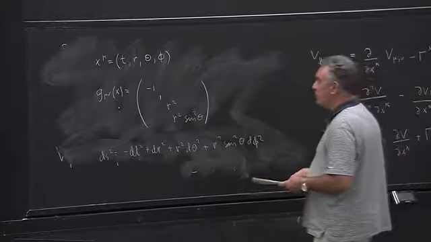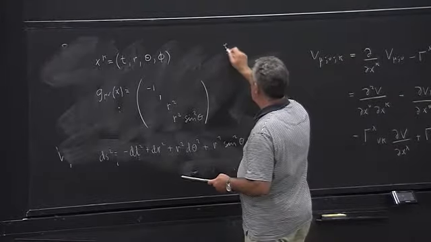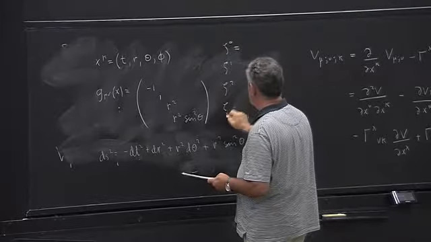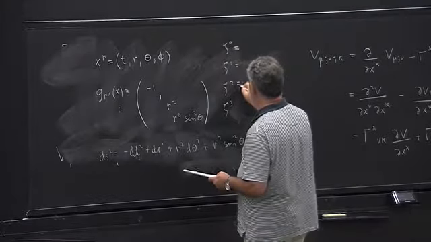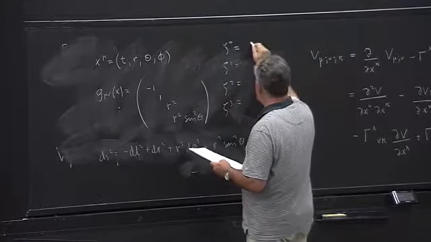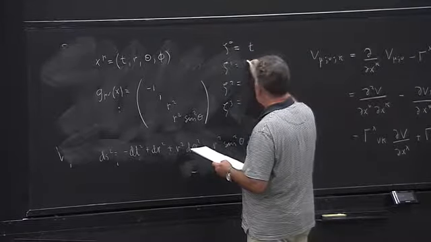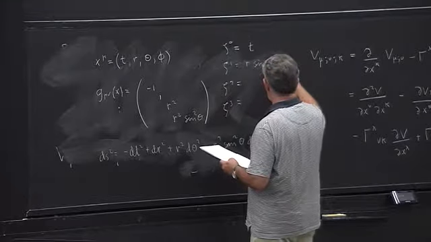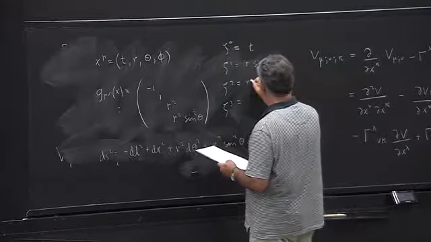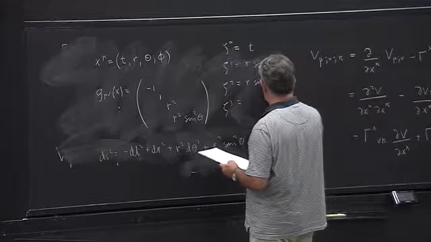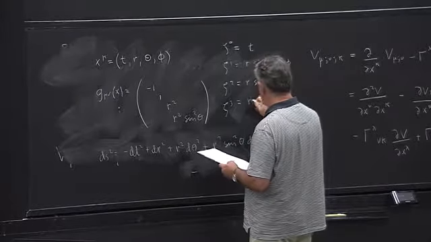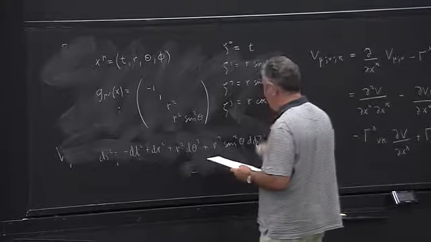Just as a matter of interest, the coordinate transformation you need to go from one to the other is x0 is t, then r sine theta cos phi, r sine theta sine phi, and r cos theta.